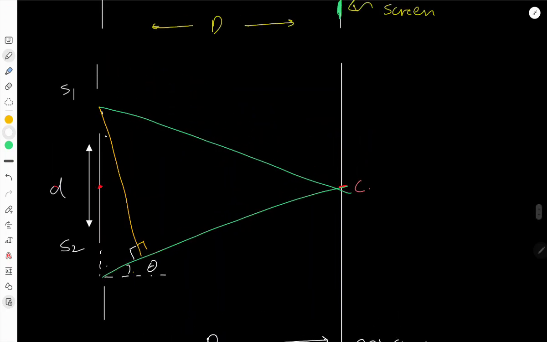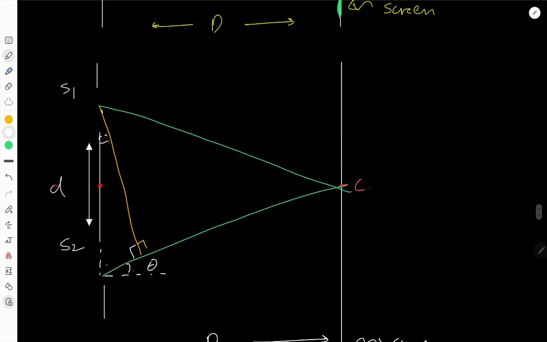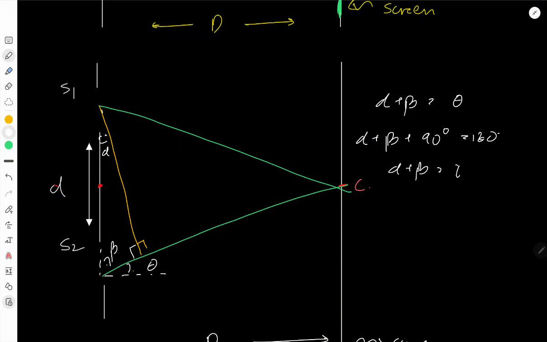Let this be alpha and beta. So alpha plus beta must be equal to theta, but alpha plus beta plus 90 degrees is equal to 180 degrees, so alpha plus beta equals 90 degrees, so beta equals 90 minus alpha.